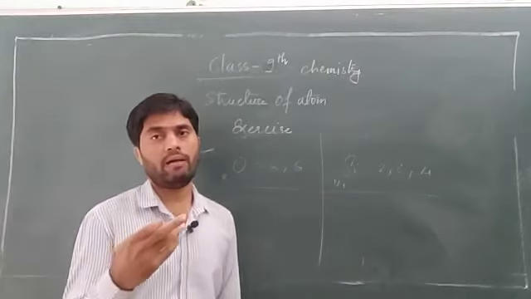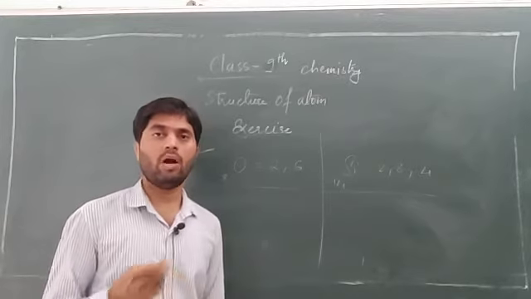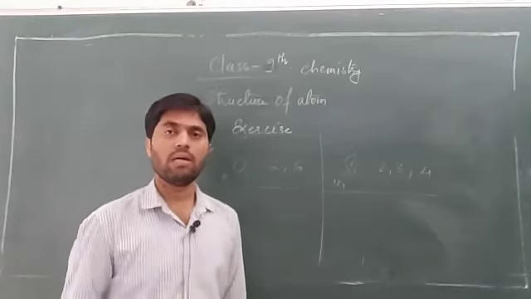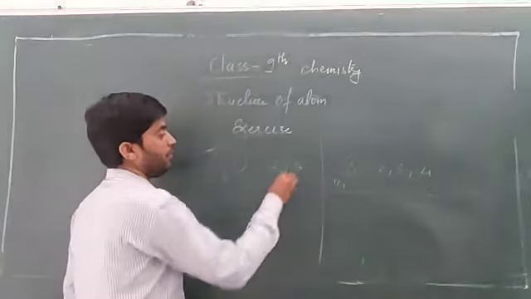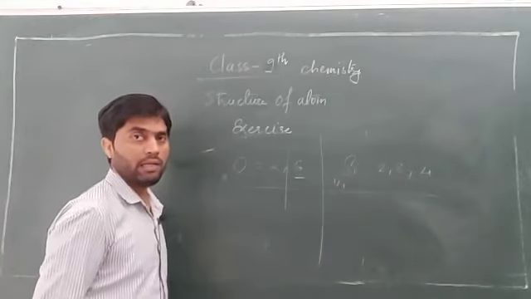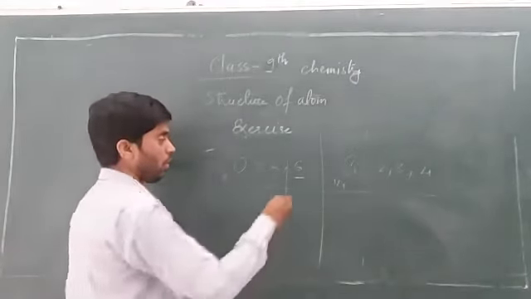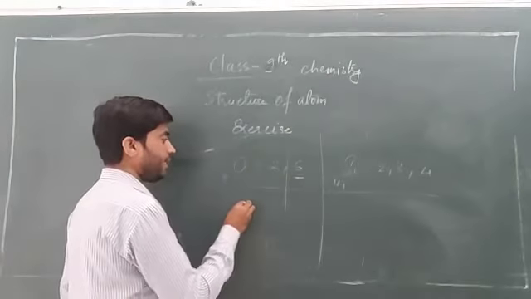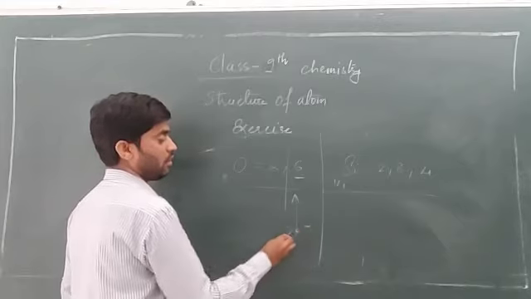So we have to take the octet rule for explaining the valency. The valence shell of oxygen contains 6 electrons. To complete its octet, it has to gain 2 electrons.